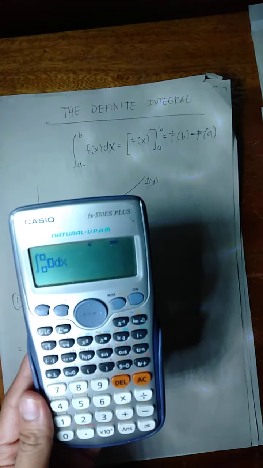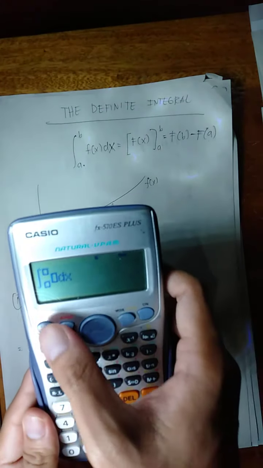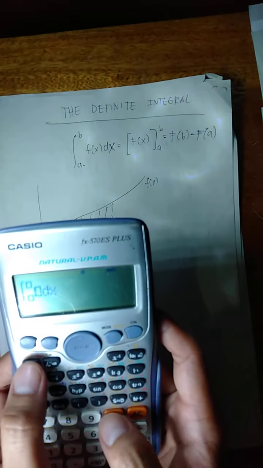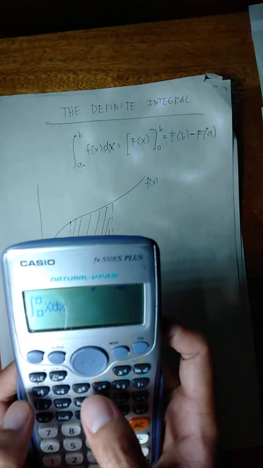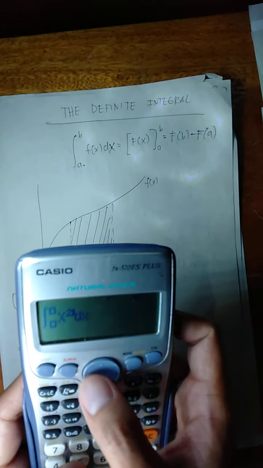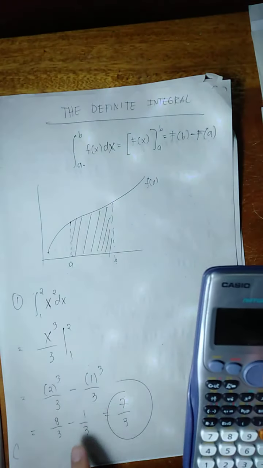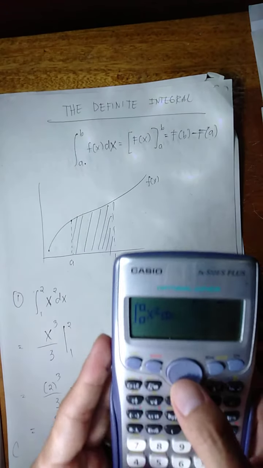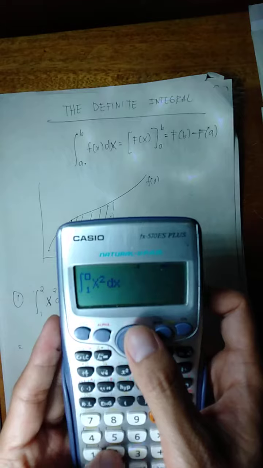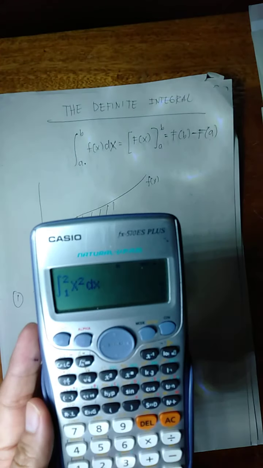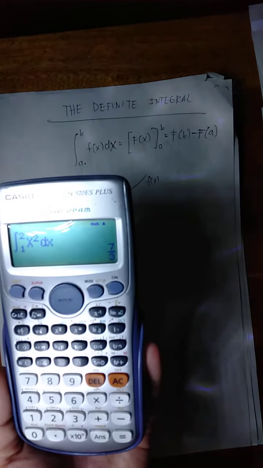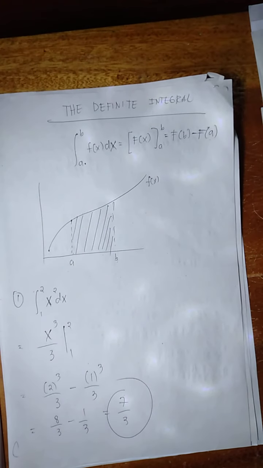Write the function x. Sorry, gagamit ka ng alpha, then raise squared. Then input mo lang yung boundary conditions, 1 to 2, lower limit, upper limit. Then equals. Yun, 7/3. Kita naman, no? So tama yung sagot natin, guys.